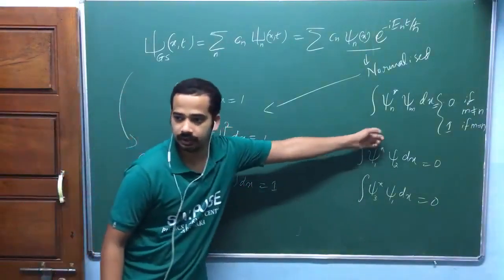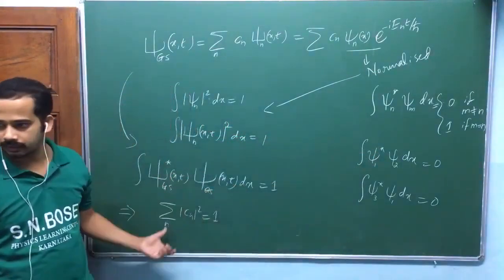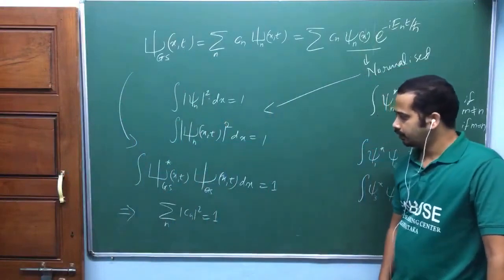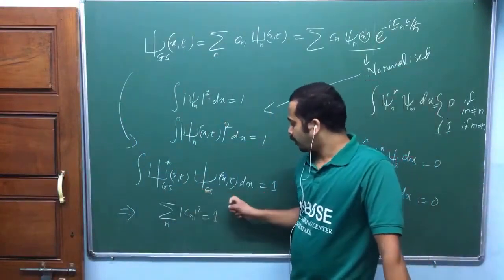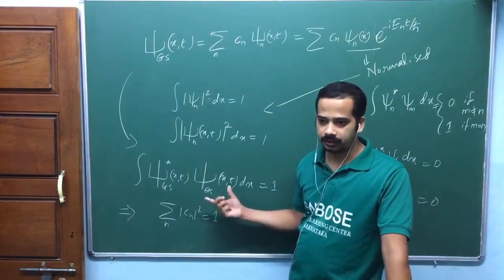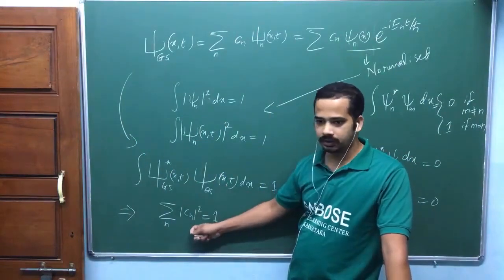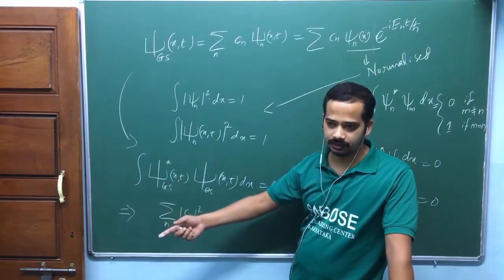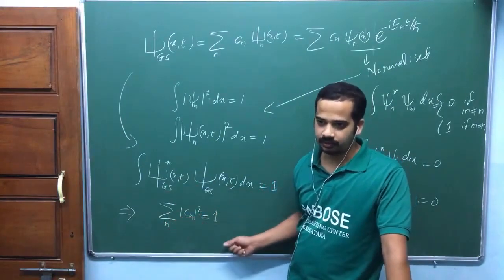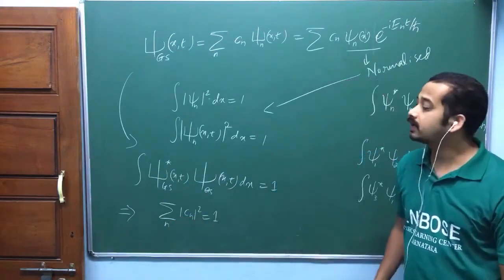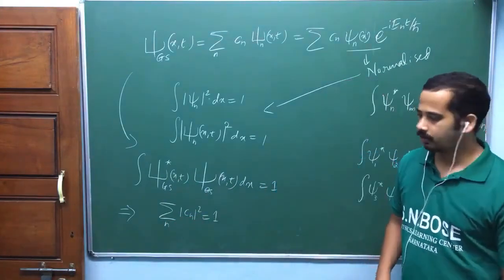This relation is also required to prove this one; that we shall do later. So what kind of normalization is it? Believing that mod psi square is probability density, isn't it? What kind of normalization is the other? Believing that mod cn square is the probability of finding the energy, isn't it? And total probability equals 1. Both are equivalent actually.